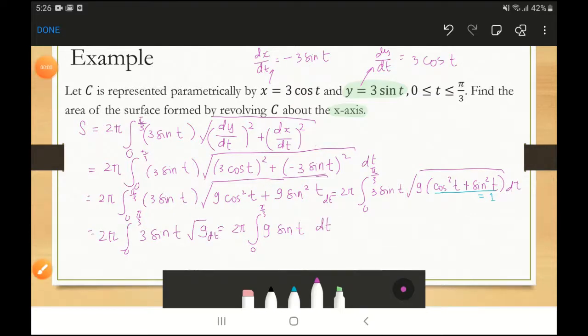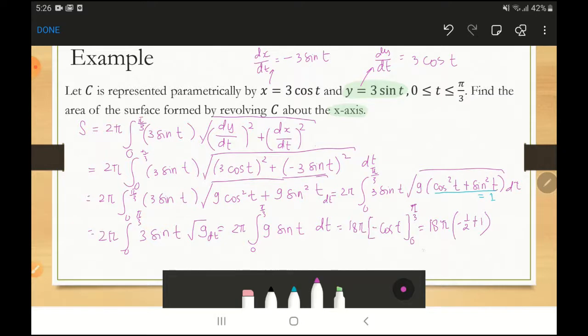So we have 18 pi times the integral of sin t, which is negative cos t, evaluated over the interval. So we have 18 pi times cos of pi over 2, which is 0, so we have negative 0, and cos 0 is 1, so we have negative 1, so plus 1.